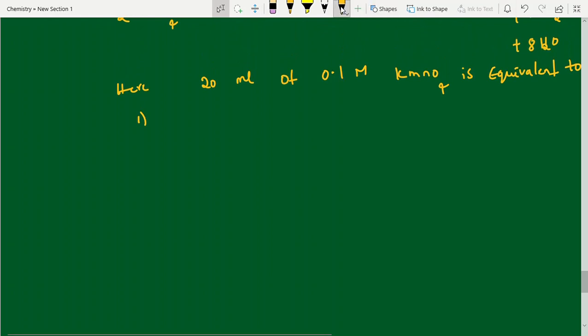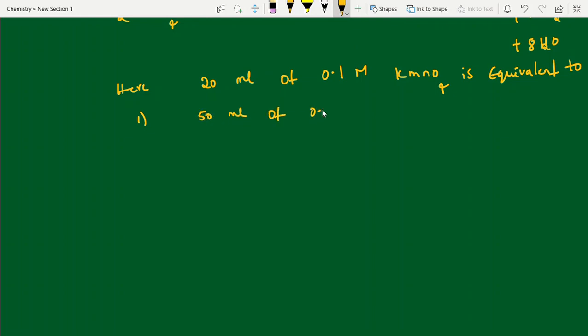Yes. First option 50 ml of 0.5 molar oxalic acid. Next 20 ml of 0.1 molar H2C2O4, that both are same, C2H2O4, H2C2O4.